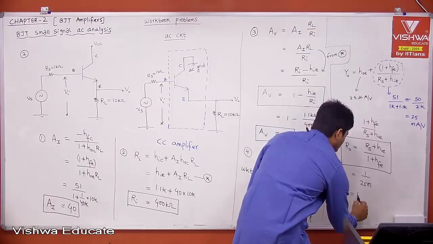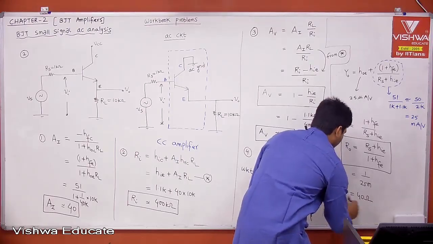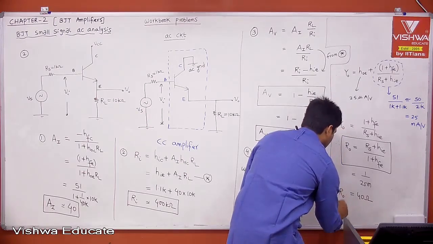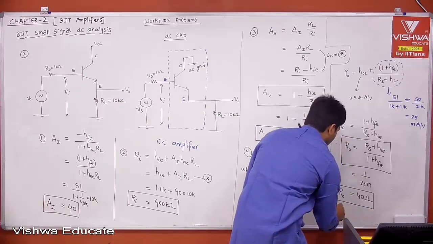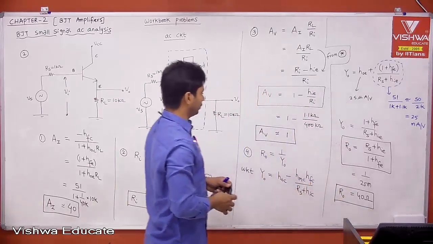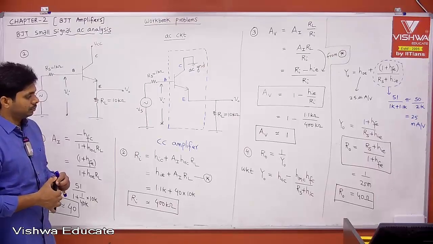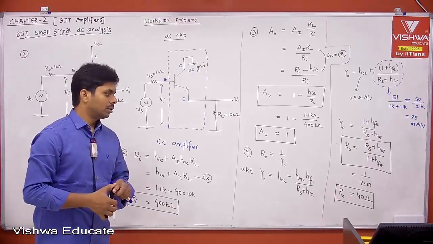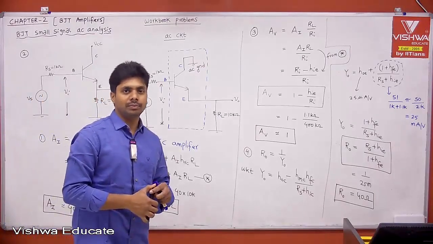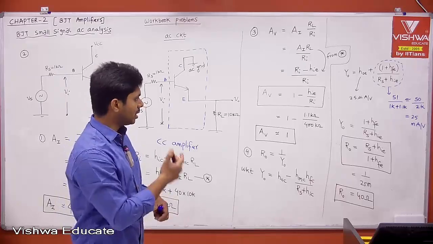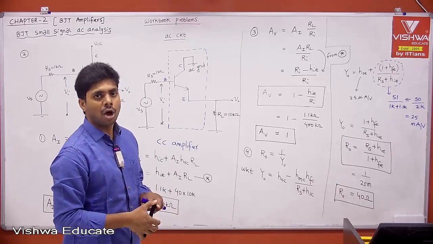Therefore, your R naught is equal to 40 ohm. This is the value, and this is the formula. I can say the problem is over. Okay, write it down. Later on I'll give you observations.